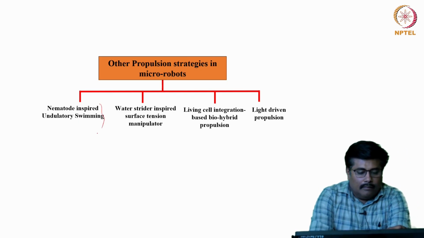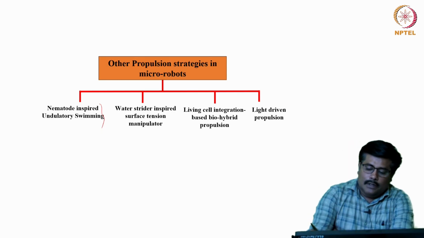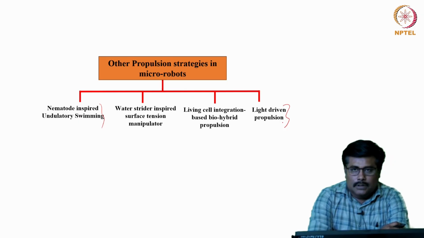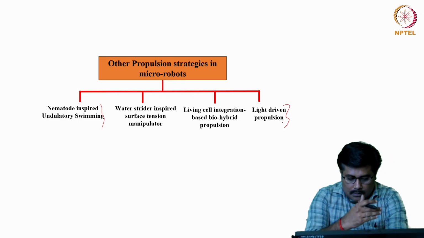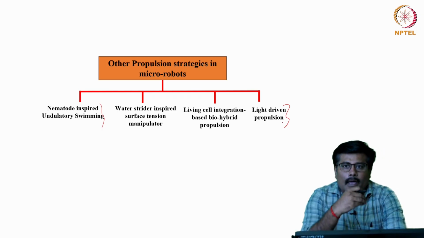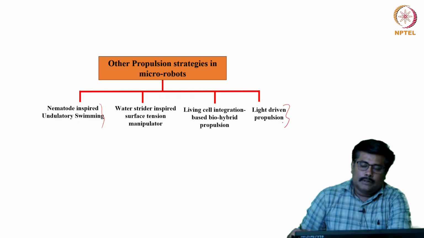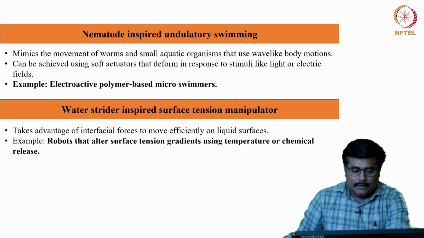Then we have the water strider inspired surface tension manipulator. We have the living cell integration based biohybrid propulsion, and the other one is the light driven propulsion. In fact, we have two modules on this bio-inspired topic, where we will be discussing in detail these propulsion mechanisms and how they are deployed for different applications.